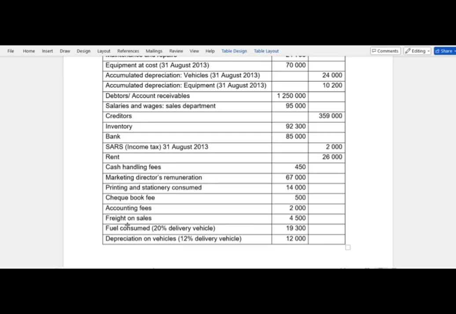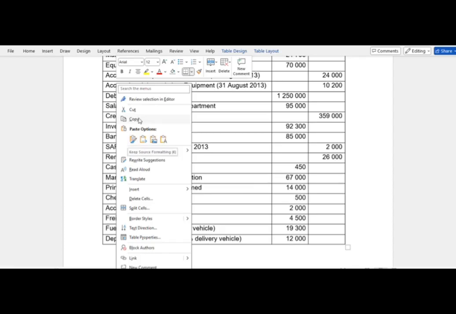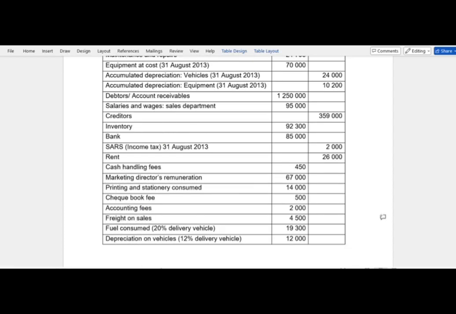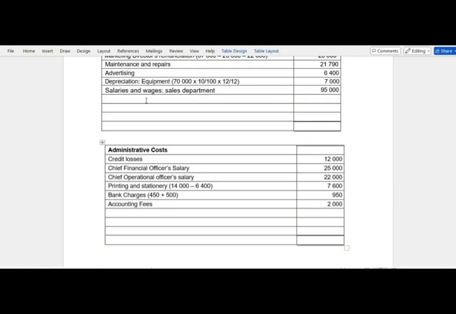The next one, we've got freight on sales. So freight on sales is part of the delivery vehicles that we use. It's an expense. So freight on sales is a distribution expense. So I'm just gonna copy the distribution cost right there, and then I put it under distribution costs.